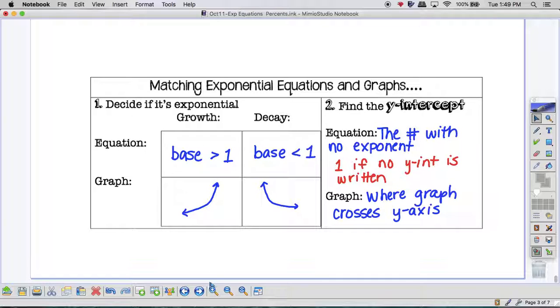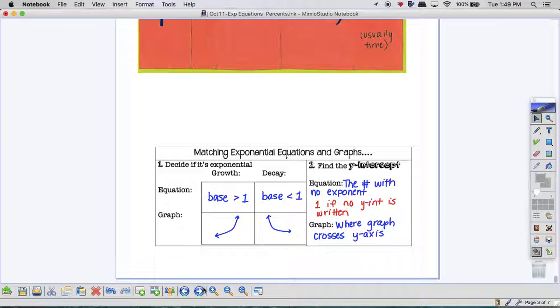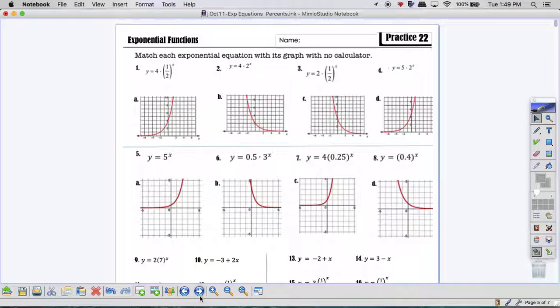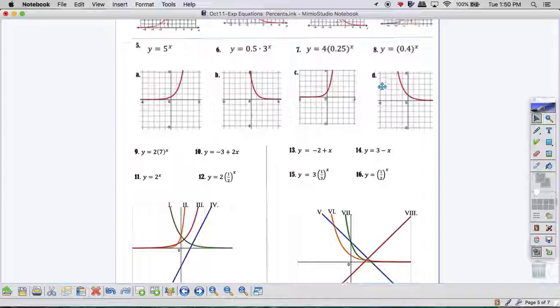Okay, so after you copy this down, I'd like for you to grab the practice that you should have, the exponential functions practice. And what I want you to look at is see if you can match all of these graphs with the equations without a calculator.